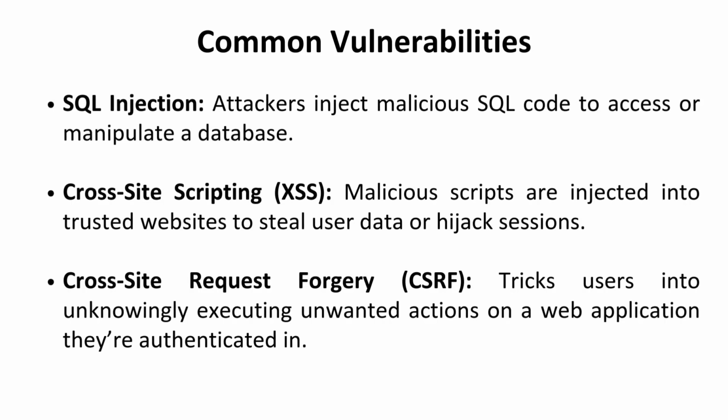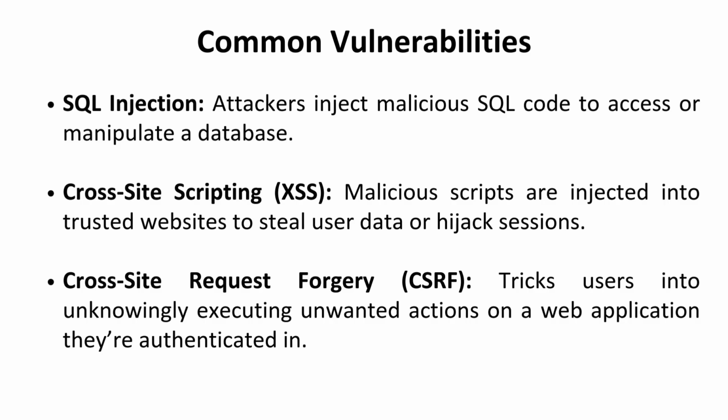Common vulnerabilities are SQL injection. SQL stands for Structured Query Language. Attackers inject malicious SQL code to access or manipulate a database. Cross-site scripting, that is XSS: malicious scripts are injected into trusted websites to steal user data or hijack sessions.